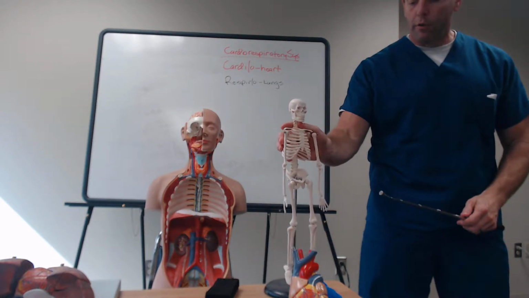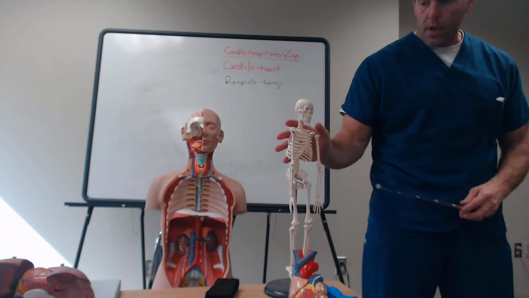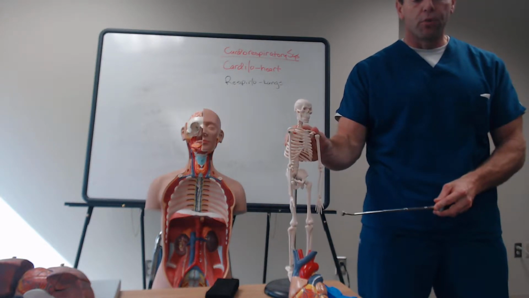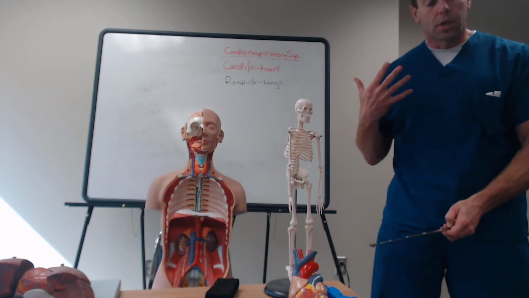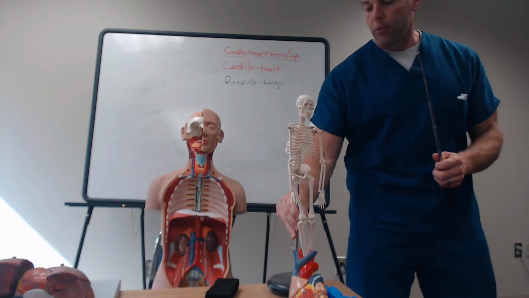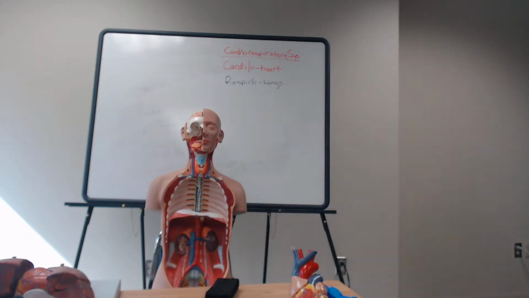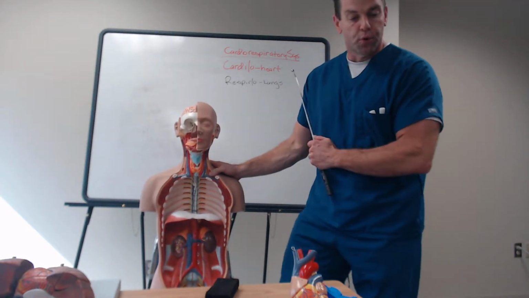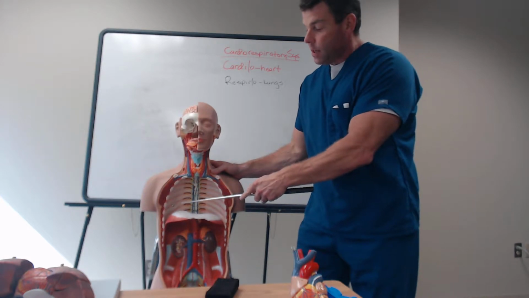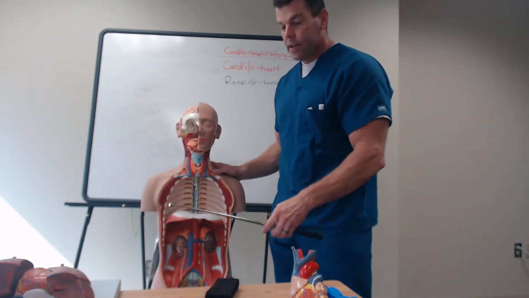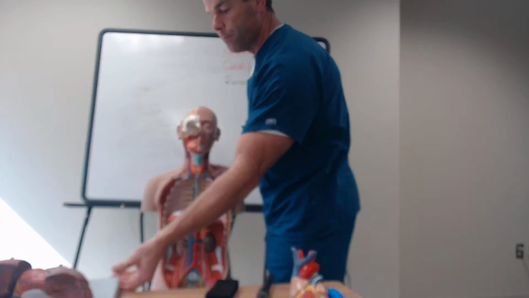Well, we know from looking at our skeleton that the thoracic cavity, composed of the rib cage, is going to contain the heart and the lungs. And when I remove this little model and look at this bigger model with the ribs removed, we can see that the lungs are going to fit right in this space and surround the heart.